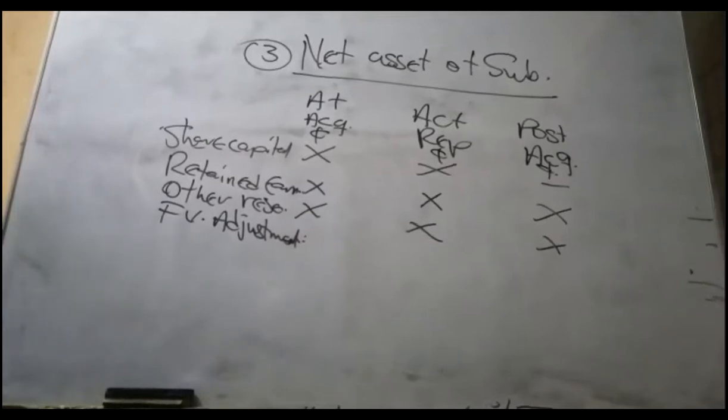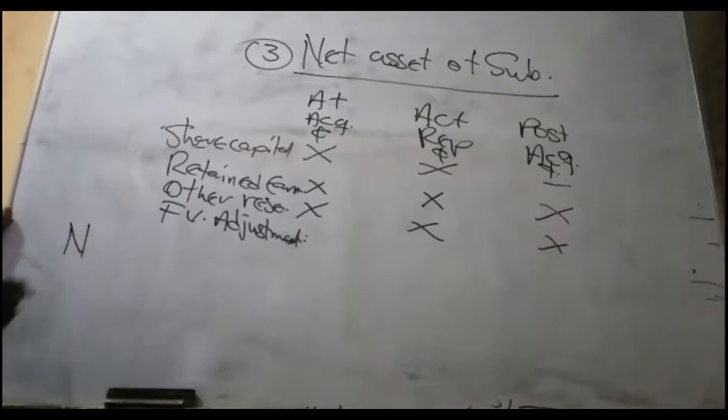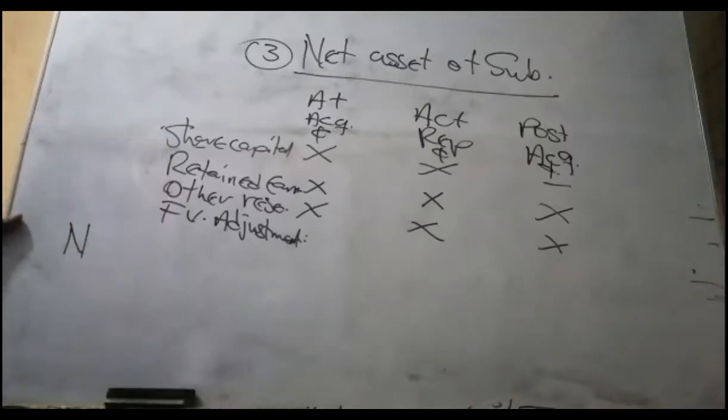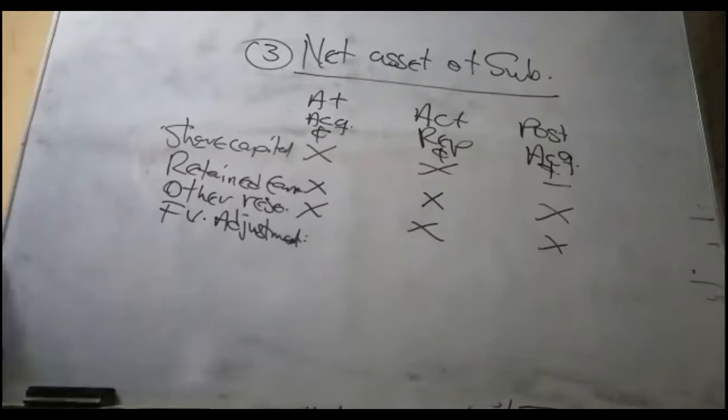We shouldn't be confused because net assets simply means total assets less current liabilities. But now we are saying net asset is equal to share capital and so on. Net assets in consolidation means the equity, which is always equal to the net asset calculation.